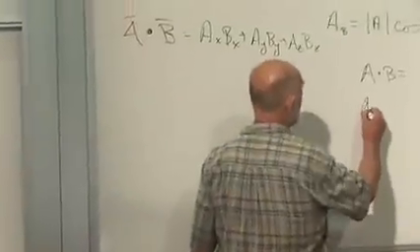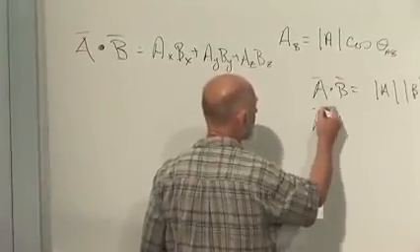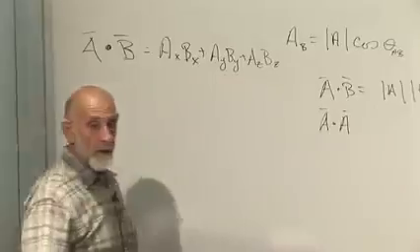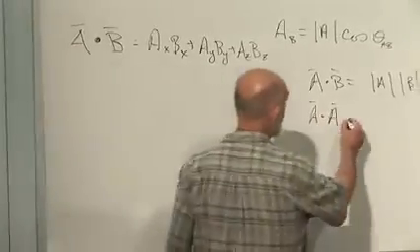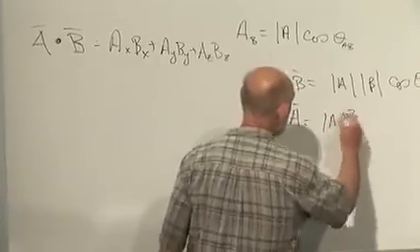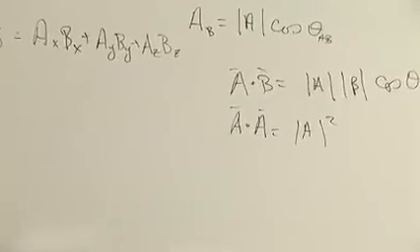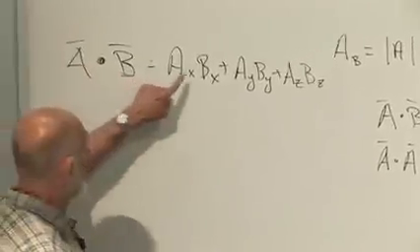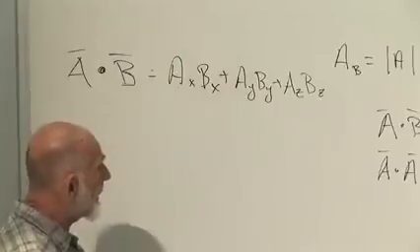It is the dot product of A with itself. A dot A, what is that? That's just the square of the magnitude of A. So that's A squared. Likewise for B. So you could calculate the square of the magnitude of A, which is ax squared plus ay squared plus az squared.